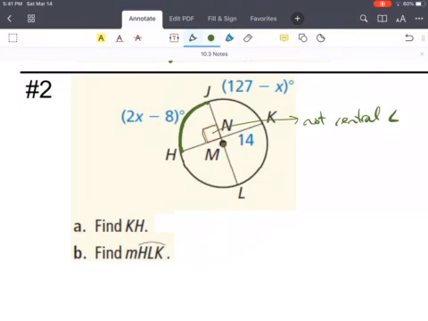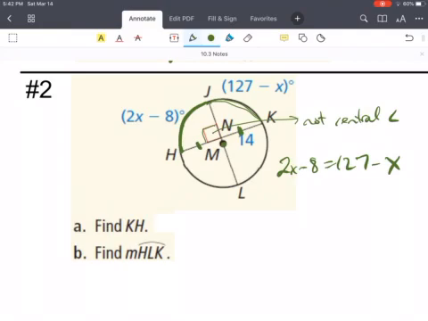So we cannot say that they are going to be congruent. But we can say that because of perpendicular, we're going to have this chord and that part be congruent. We are going to have congruent arcs. So we can say that 2x minus 8 is going to be equal to 127 minus x.